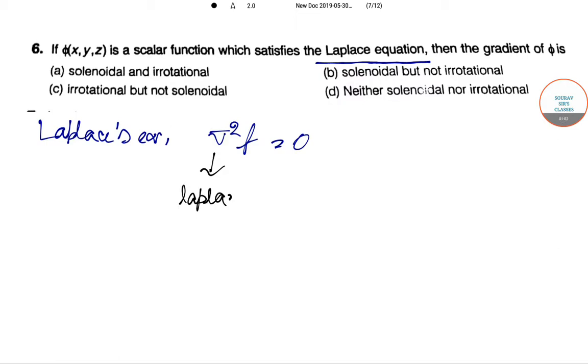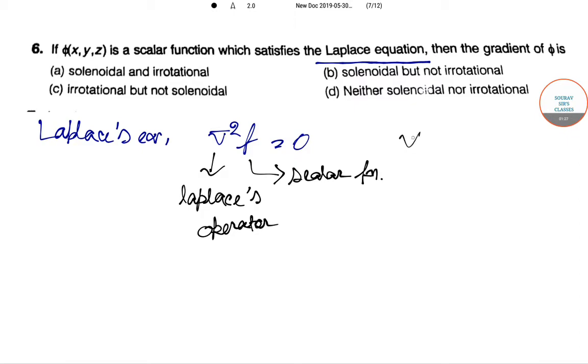This del is Laplace's operator and f is a scalar function. When this Laplace's operator and scalar function are multiplied, then this multiplication is equal to 0. This is the Laplace's equation.